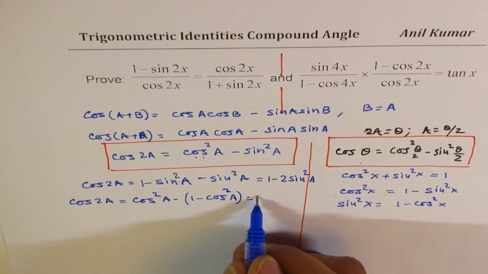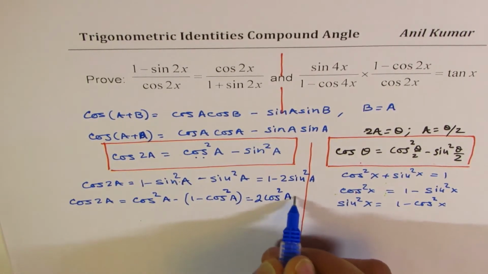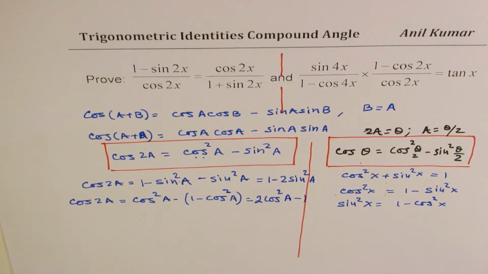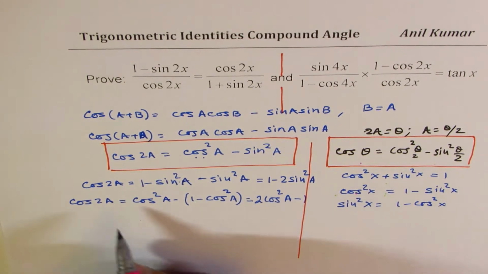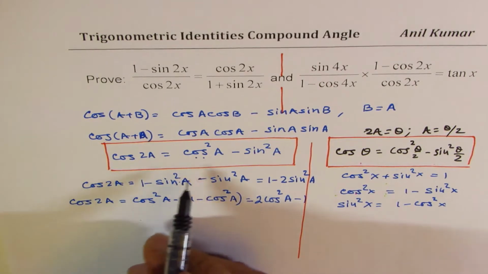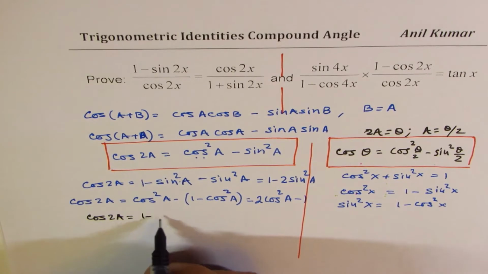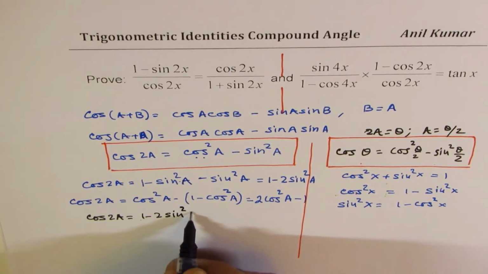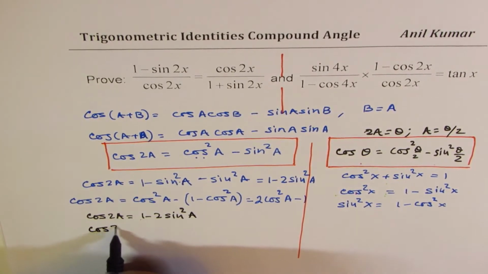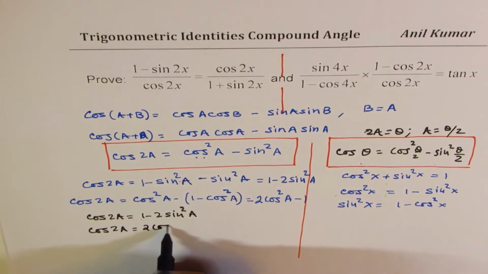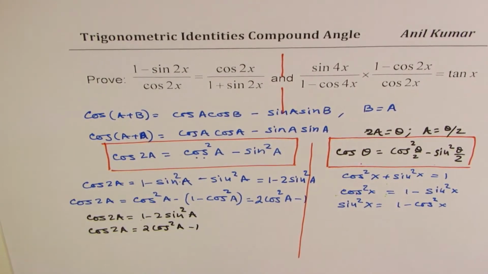That gives me 2 cos square a minus 1. Okay. So that, on rearranging, gives us different formulas relating angle with double angle and half angle, correct? So as you can see here, we do have two formulas in addition to this: cos 2a equals 1 minus 2 sine square a, and cos 2a equals 2 cos square a minus 1, right?